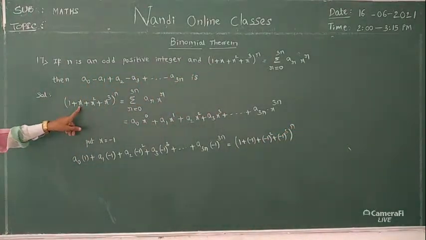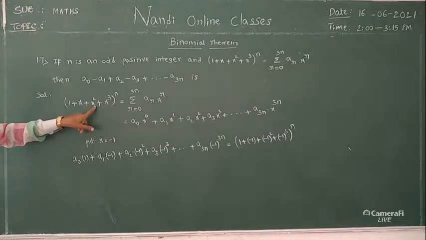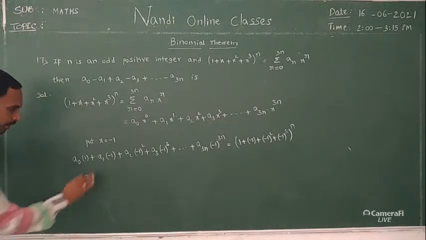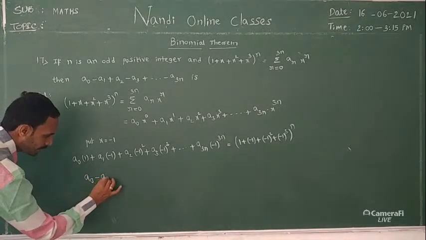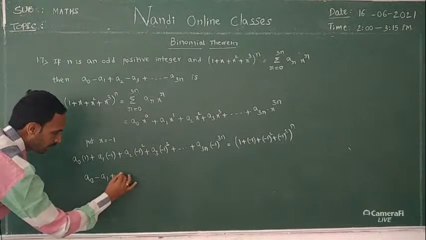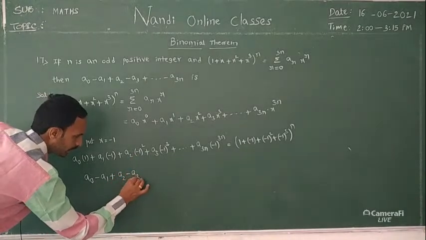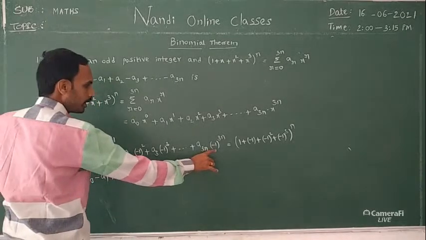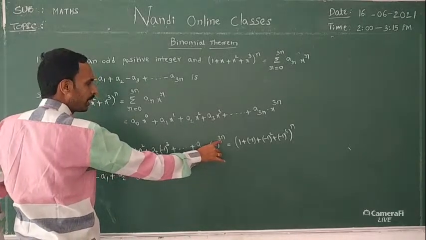Okay, a naught into 1 is a naught, plus into minus is minus a1, minus 1 whole square is 1, so a2, minus a3, plus and so on, minus 1 whole power 3n.